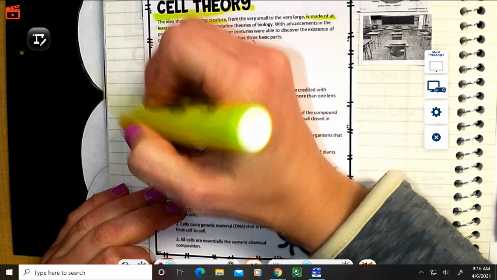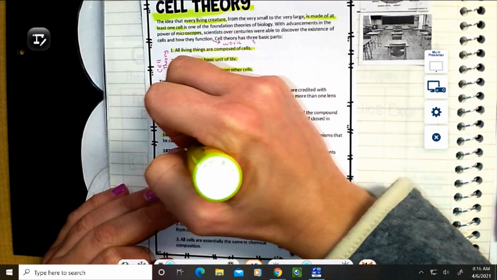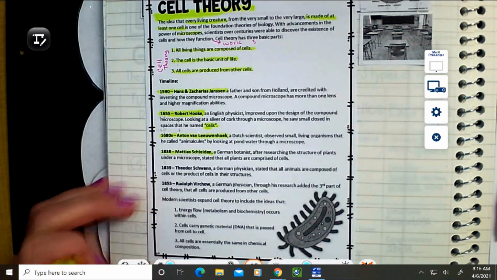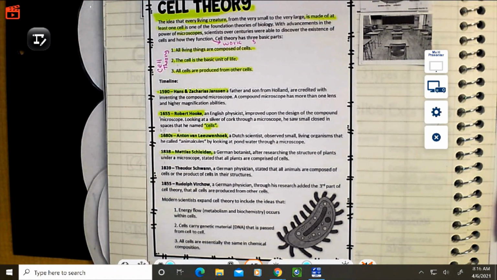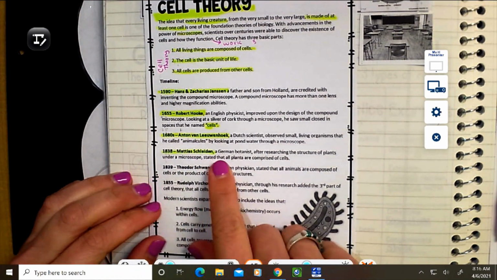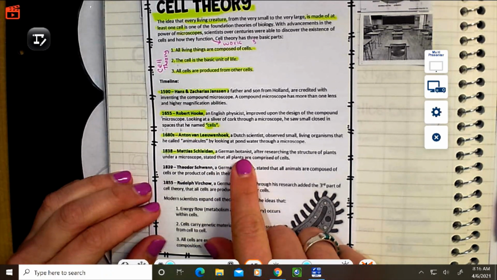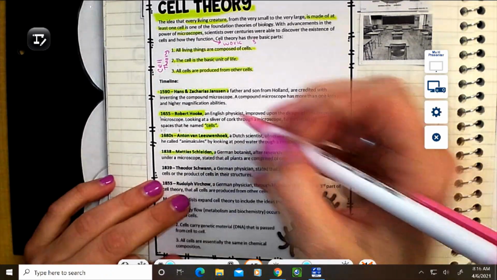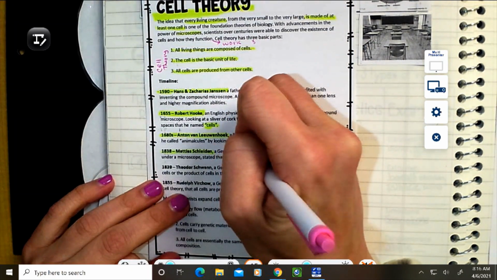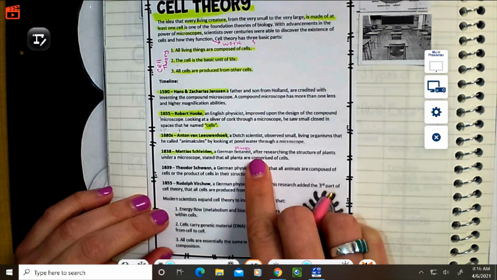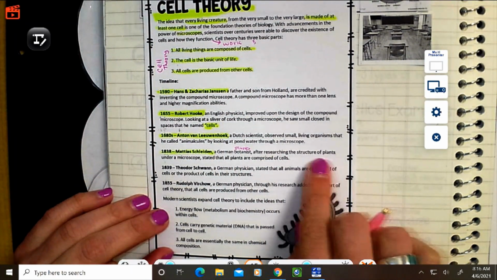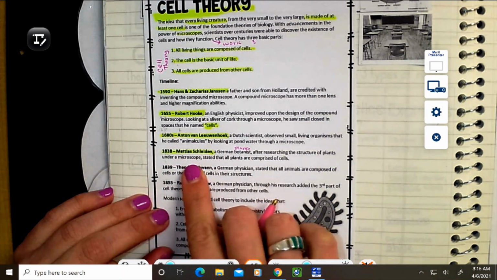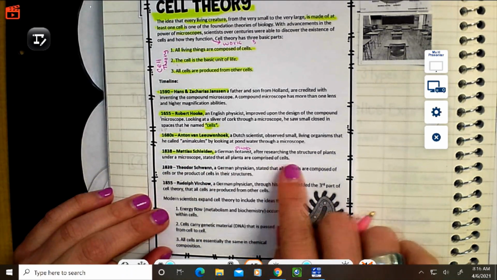In 1838, Matthias Schleiden, I'm not sure. We'll go with Schleiden. A German botanist, that means he studied plants. After researching the structure of plants, remember how they're built, under a microscope, he stated that all plants are comprised of cells.